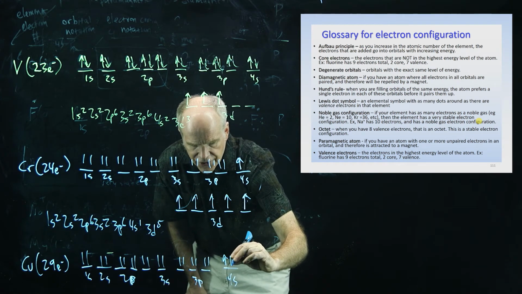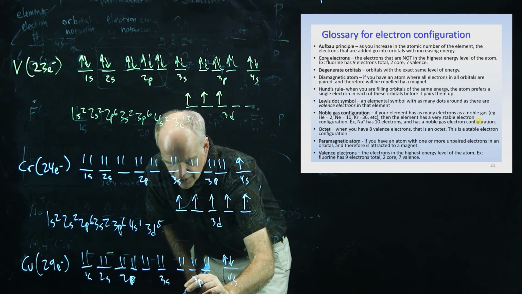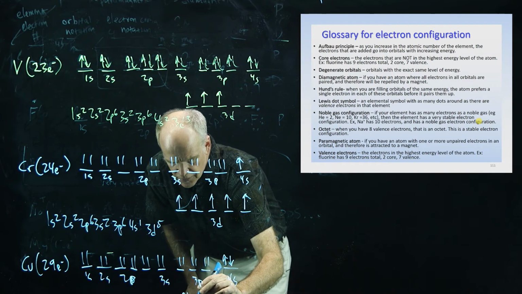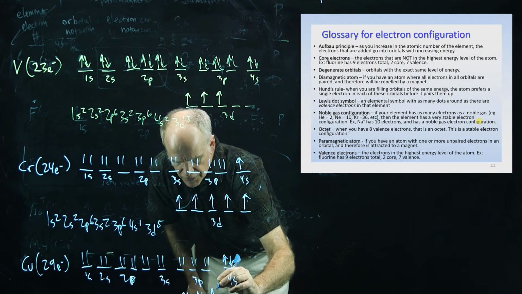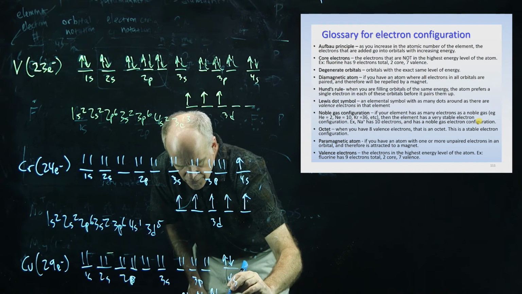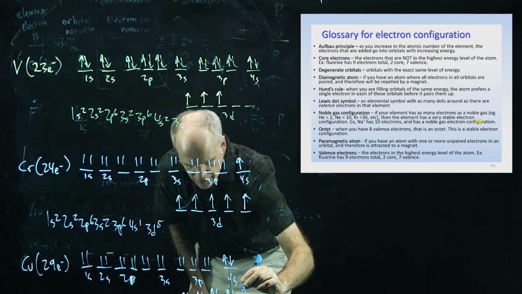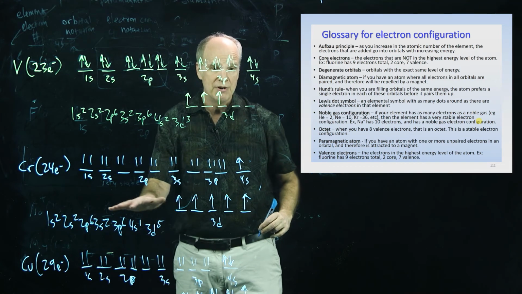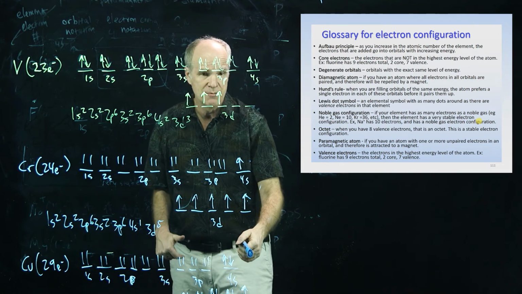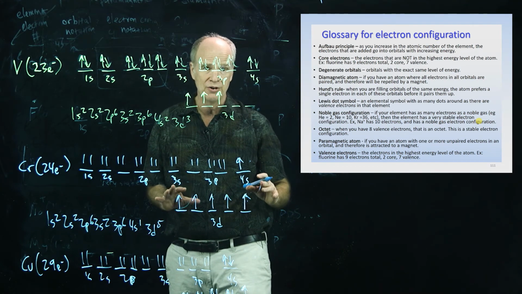So normally you would think it would be this. And you can see with 29 electrons, this is what you might expect. But again, experimentally, we don't find that.